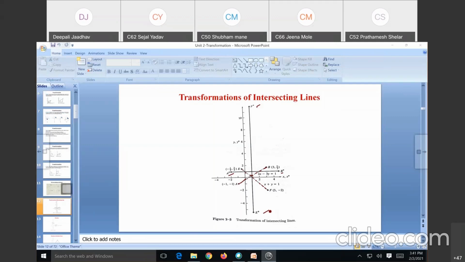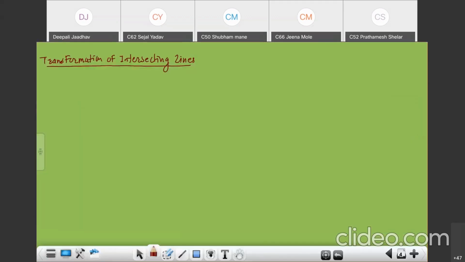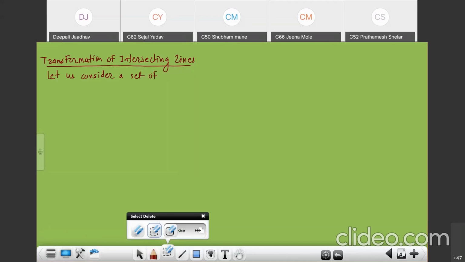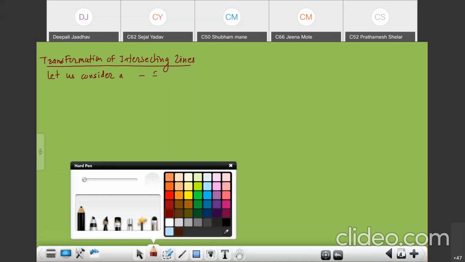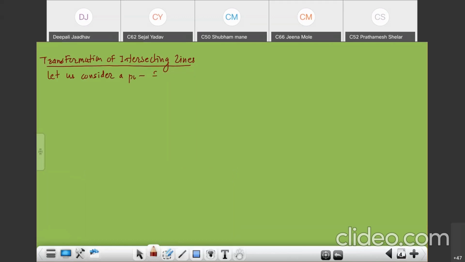So how does it actually show that transformation of intersecting lines works? We will see with equations, and again here we require the slope of a line. So I write it here. Let us consider a pair of intersecting lines.